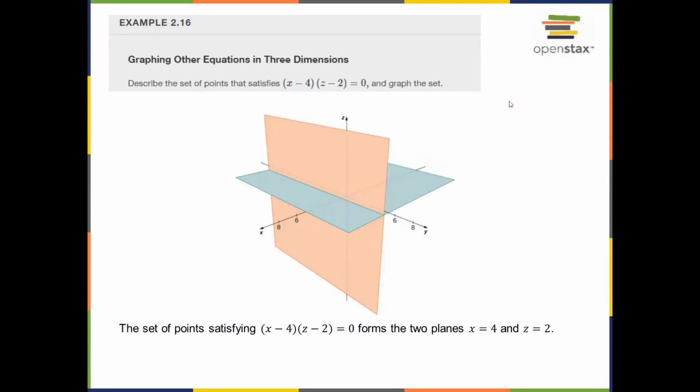Graphing other equations in 3 dimensions. Describe the set of points that satisfy x minus 4, z minus 2 equals 0. Then graph the set. I stole the question. They just said the question more as a statement. It's the same thing. Notice what they did do, though. Why do you think that's an important part that they're doing there?